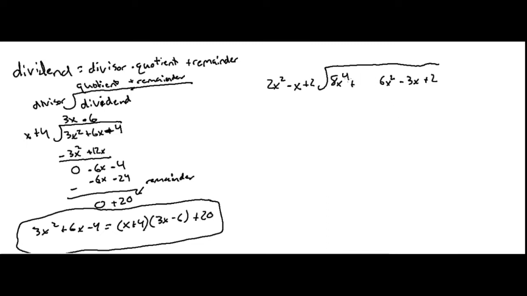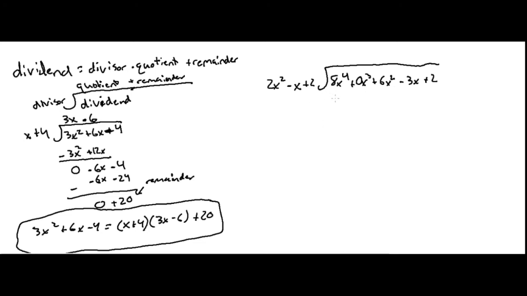I left a gap here between x to the 4th and x squared. This is because you need to write in a 0 times x to the 3rd, because you're going to be adding and subtracting values that have an x cubed term.